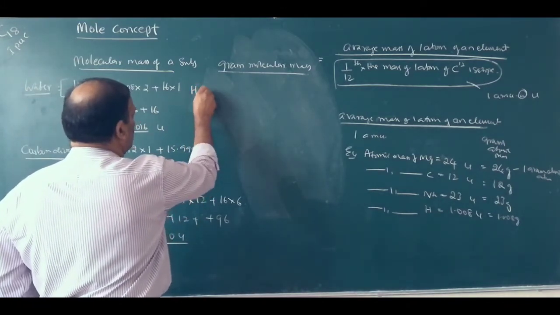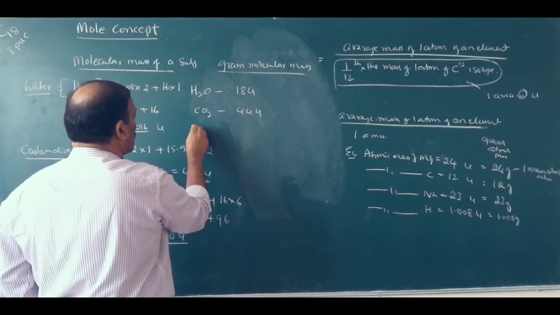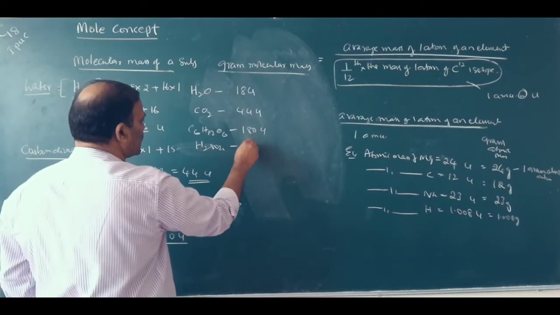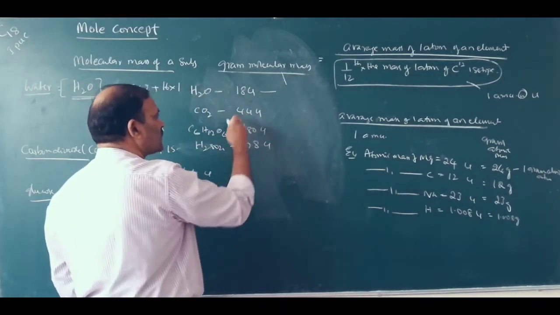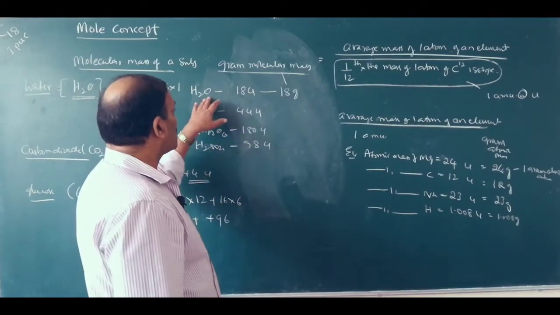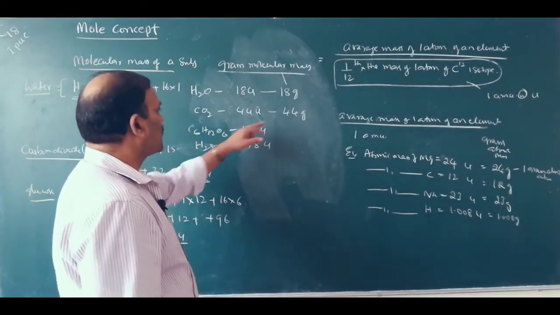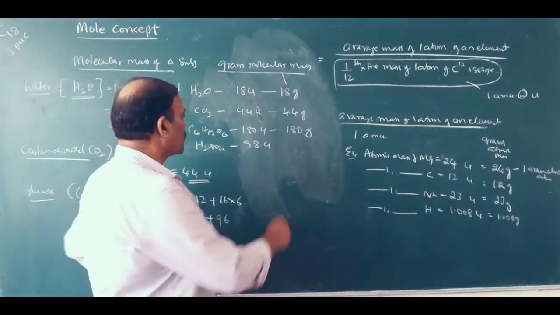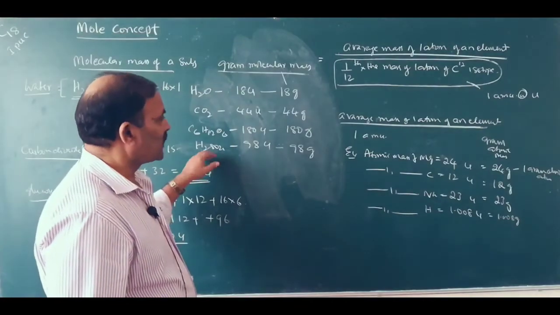Water H2O molecular mass is 18 U, carbon dioxide 44 U, glucose C6H12O6 is 180 U, sulfuric acid H2SO4 is 98 U. 18 gram is known as 1 gram molecular mass of water, 44 g is 1 gram molecular mass of carbon dioxide, 180 g is 1 gram molecular mass of glucose, and 98 g is 1 gram molecular mass of sulfuric acid.